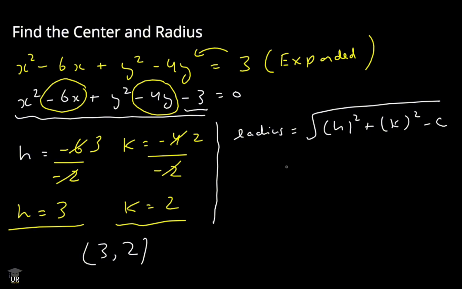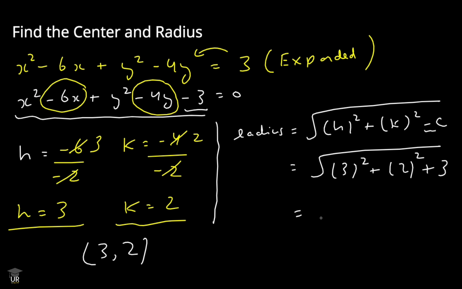So now let's further solve this. Here the value of h is 3 square plus 2 square, and the value of c is minus 3. So this will become plus 3, because we also have a minus sign here.